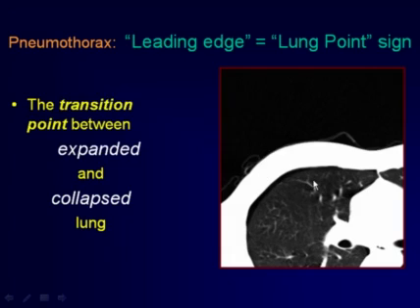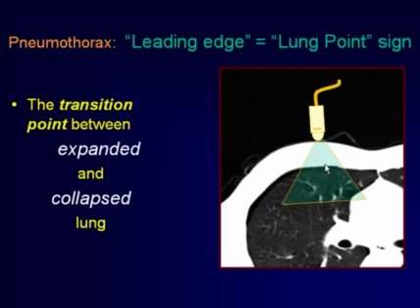Many pneumothoraces are not complete, so that there's an area of the lung that has fallen away from the chest wall, but another area that is still in contact with the parietal surface of the body, and the transition zone between those two things is the lung point. It is the identifiable spot called the lung point or the leading edge.